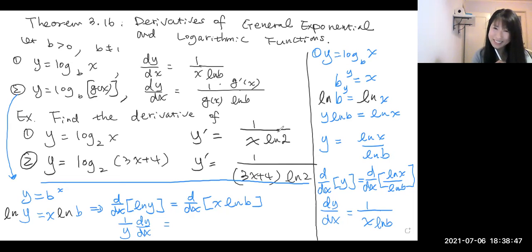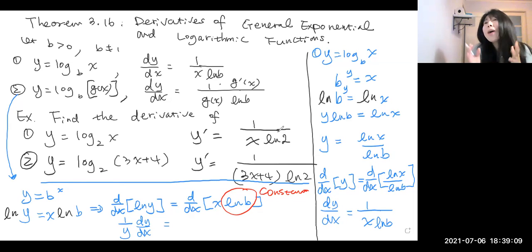Basically ln b is a number, right? There is no x. Can you see that? So ln b is a constant. Then the derivative of x. Basically like 2x: with the derivative of 2x, what do you get? 2.